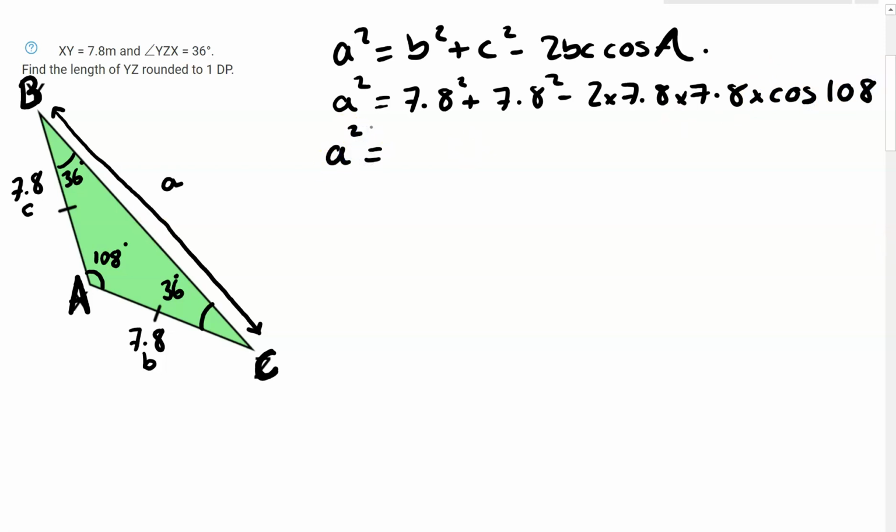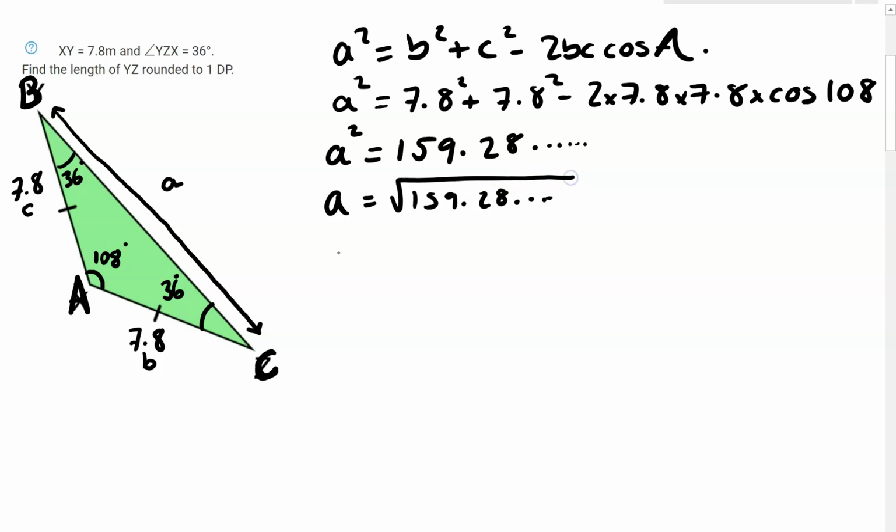So we go to our trusty calculator, type all of that right hand side in, and we get 159.28... So A is going to be the square root of that. Don't round it before you square root it.